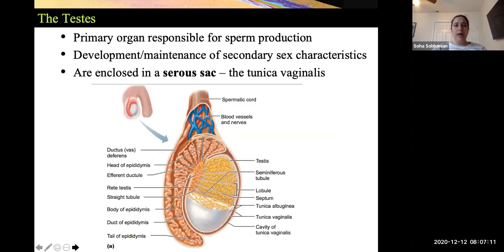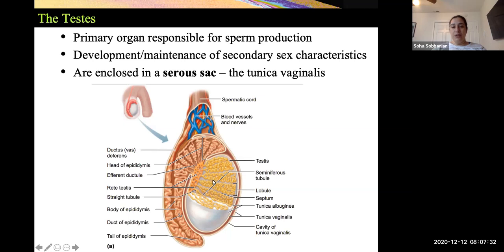So looking at the first part of the reproductive system, we're starting with the testes, which is kind of logical. If you take a look at it right here, if we open it up, you actually see a lot of coiled structure inside of that.